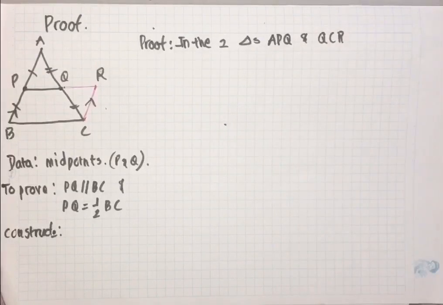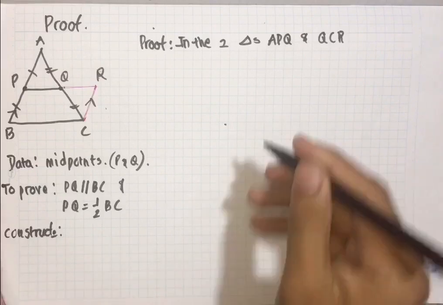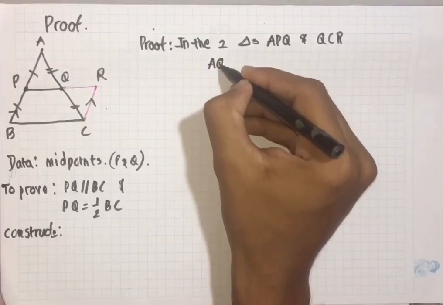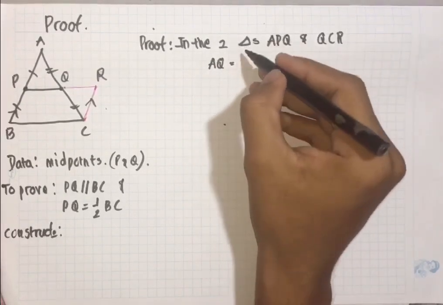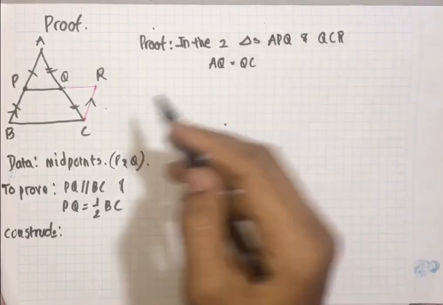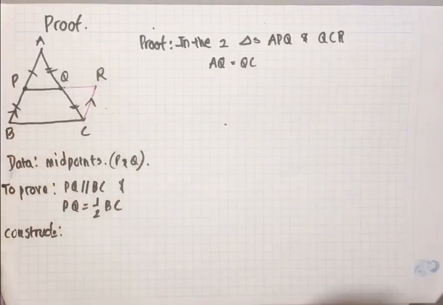Now you have to give the data. You can say that AQ is equal to QC. What is the reason? That is the data given.